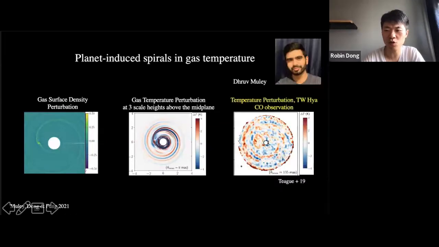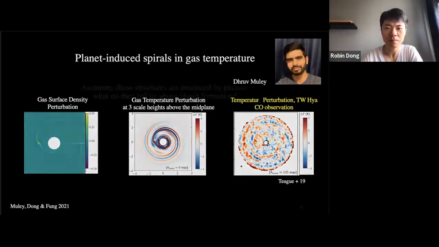The right panel shows a real temperature perturbation map in the TW Hydra disk. So we see positive and negative delta T at the level of a few Kelvin or 10 to 20%, and more importantly, in the shape of spiral arms. So perhaps those are temperature structures produced by planets.